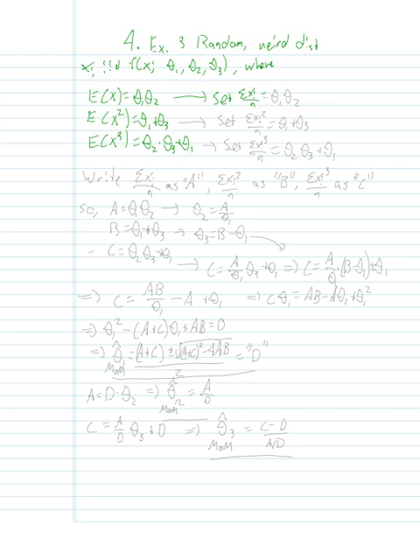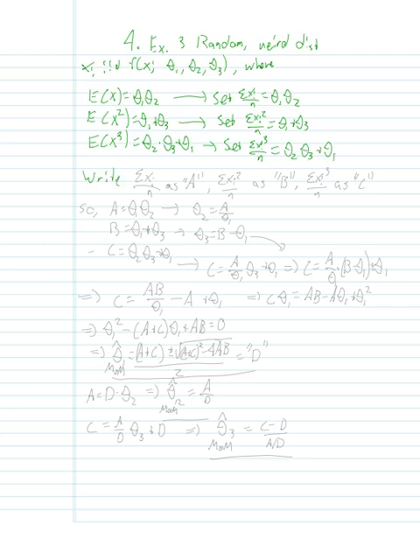We set sum of Xi over n equals theta 1 times theta 2. Set sum of Xi squared over n equal to theta 1 plus theta 3. And lastly, we set sum of Xi cubed over n equal to theta 2 theta 3 plus theta 1, right?